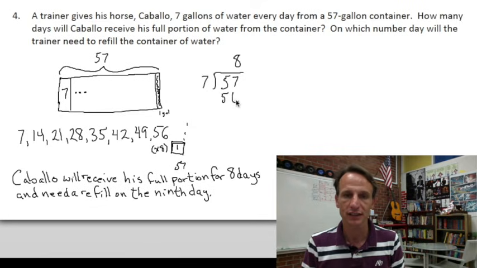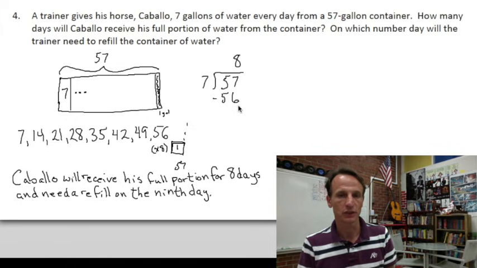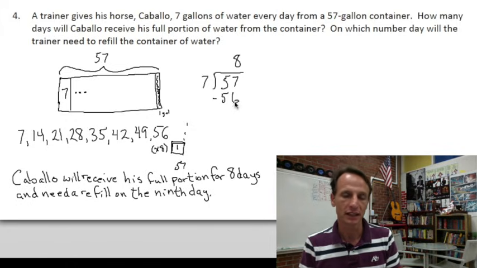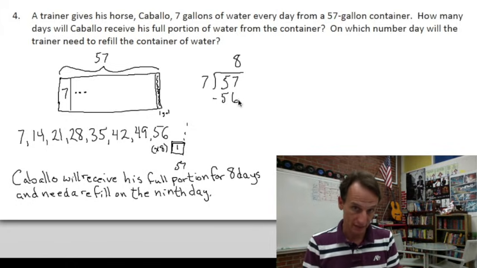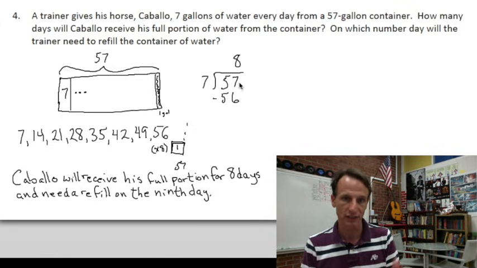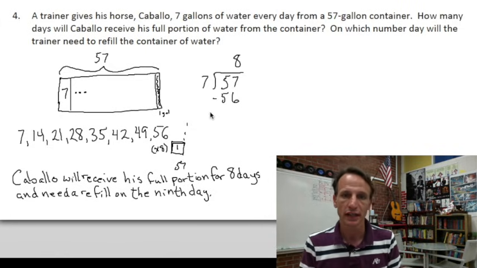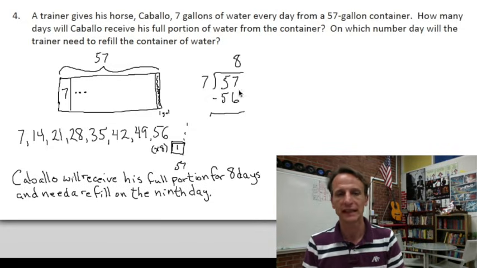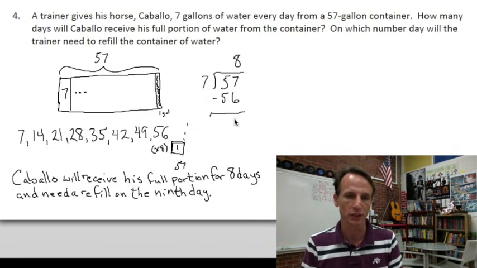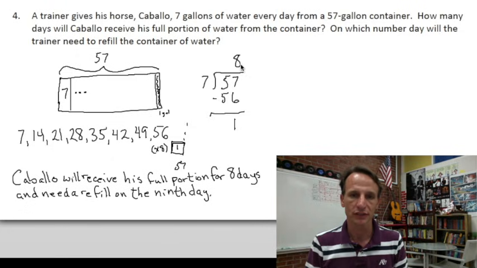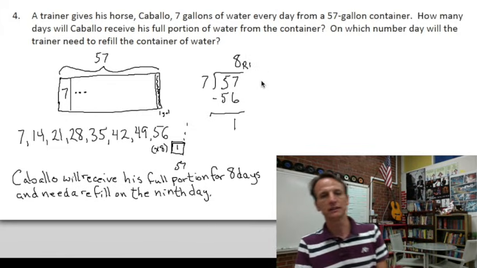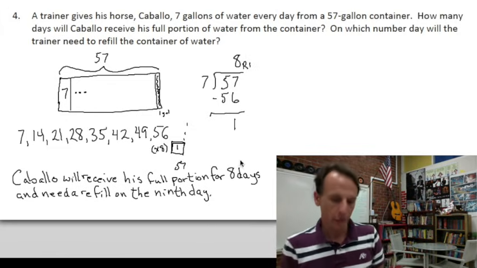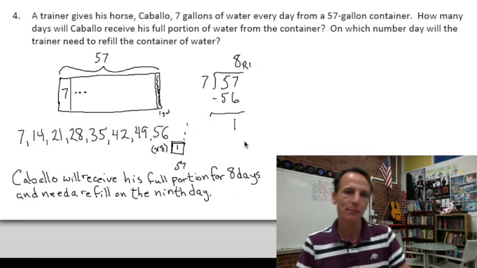Not just because that's the next step, but because we used up that many over the 8 days. And notice, by the way, that the 8 needs to be in the ones place there. You can't just put it over the 5 here. We have place value still in division. And so when we subtract to see how many gallons are left, we of course find that we have 1 gallon left. So it would last for 8 days with a remainder of 1 gallon left over. There we go. Caballo, hope you're happy now.